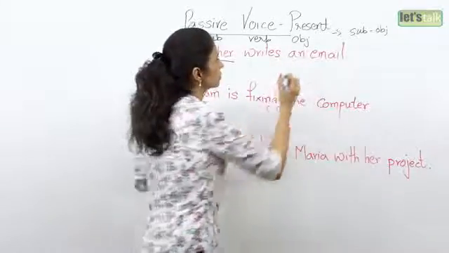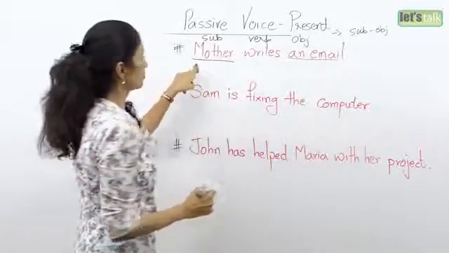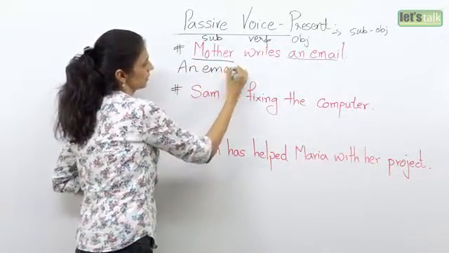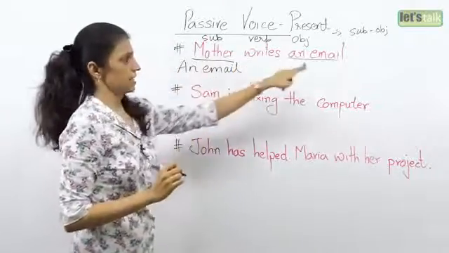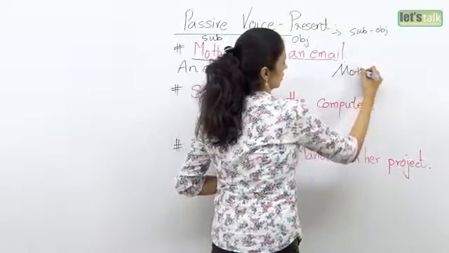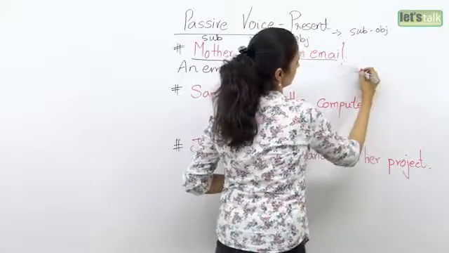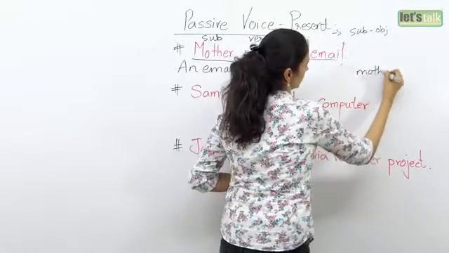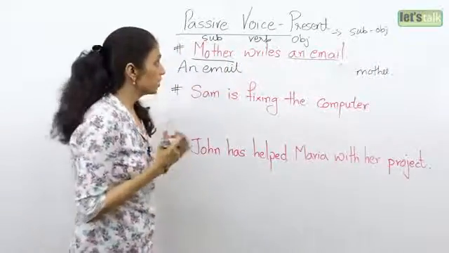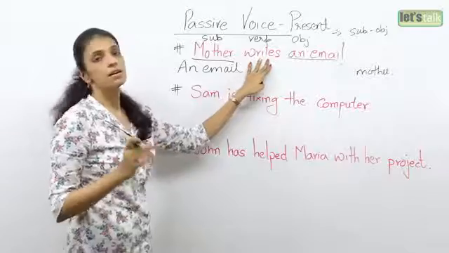So all you need to do is put it in place of the subject, an email, okay, and here you put mother. So you have interchanged it, all right, fine. Now what do we do with the remaining part of the sentence?